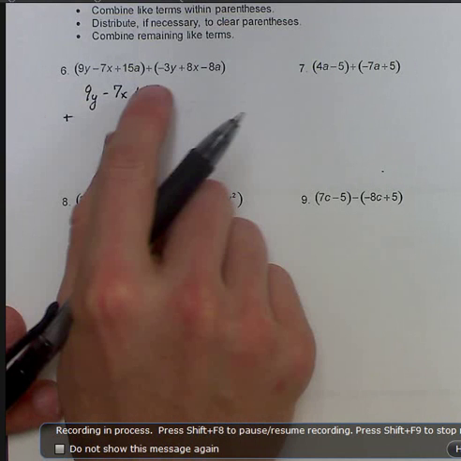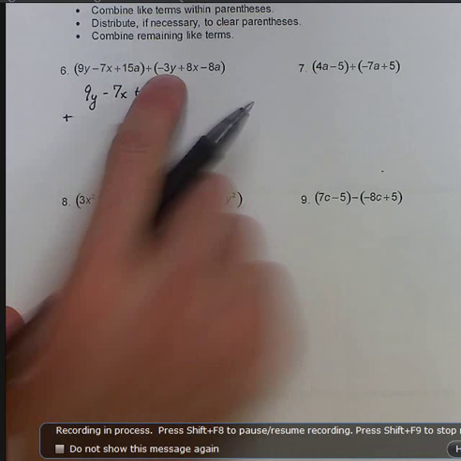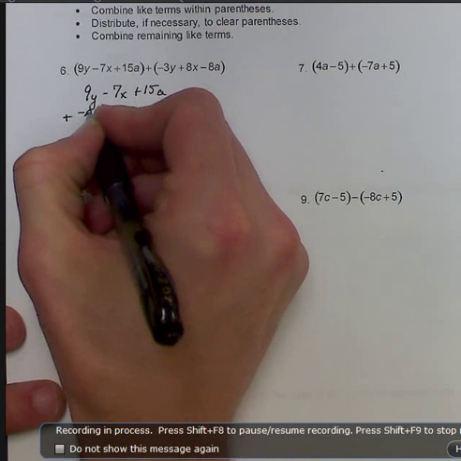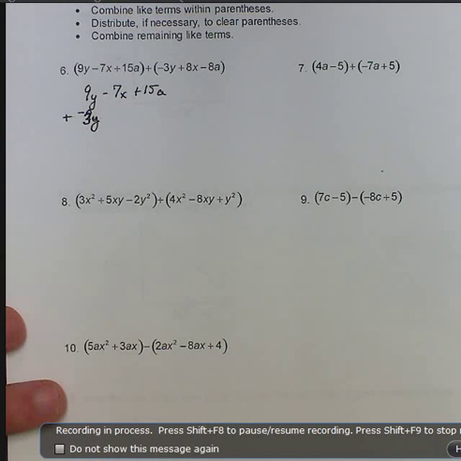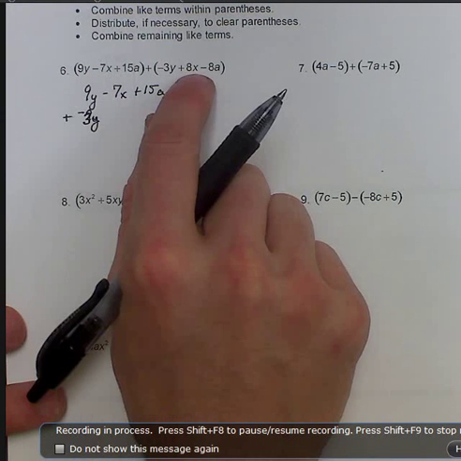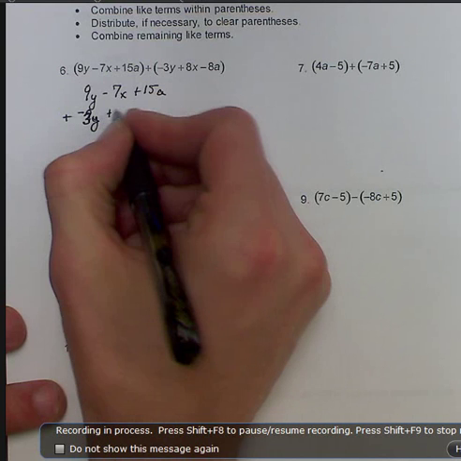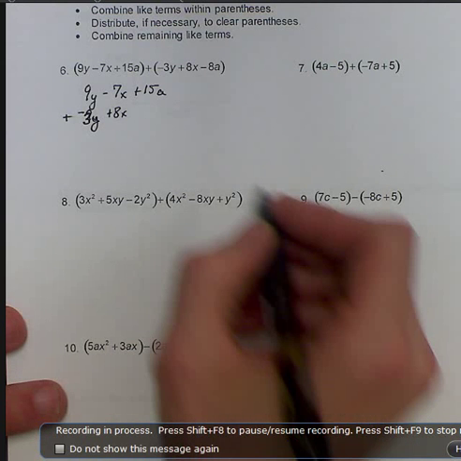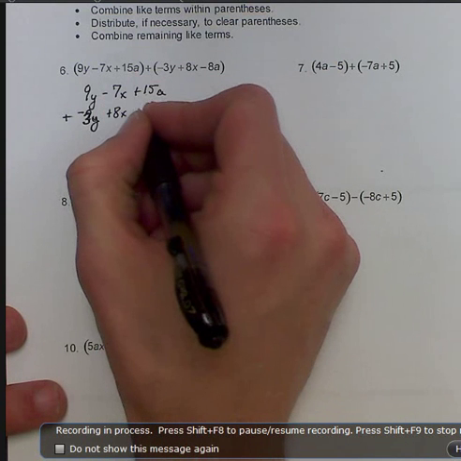So my 9y and my -3y are like terms because they both have a y and they both have an exponent of 1. My -7x and my +8x are like terms because they both have an x and an exponent of 1.